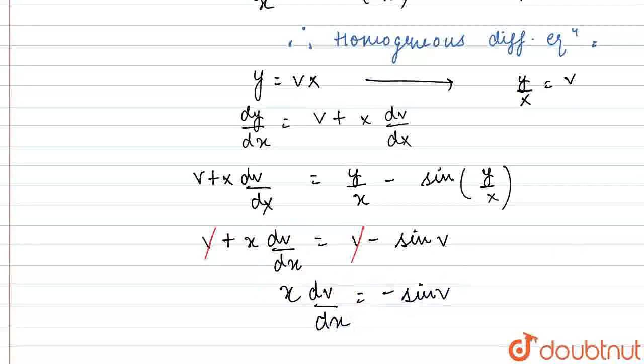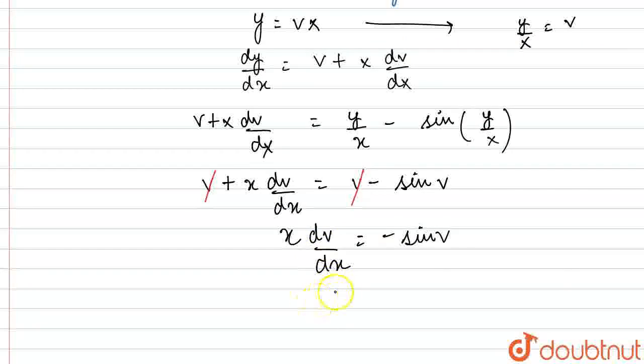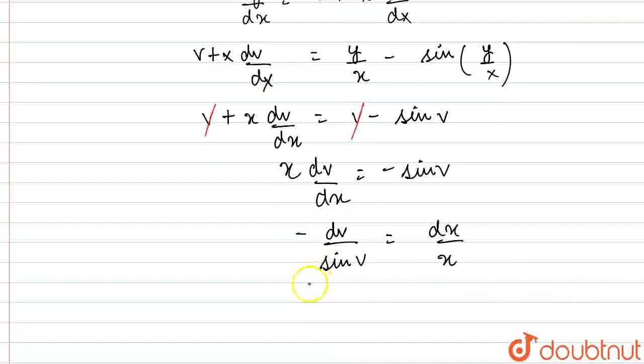Now we'll simply separate the variables. So I'll get minus of dv by sine v is equal to dx by x. Or I can say minus of 1 upon sine v is cosec v. So minus of cosec v dv is equal to dx by x.